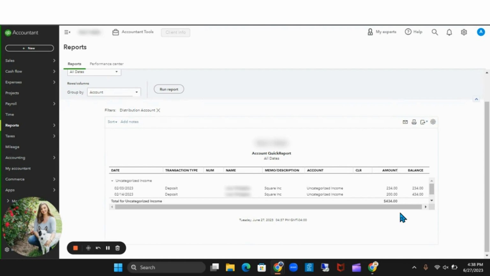But this is why it's so important to check this, because this is income. You always want to know where your money is coming from. Even if you have several different income accounts, even if they have several ways that they like to track their income, for instance, my husband does pressure washing. If he wants to track, okay, this is income from gutter cleaning, this is income from actual pressure washing, this is income from roof washing, stuff like that.